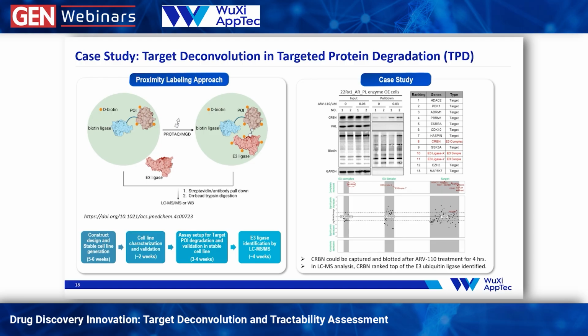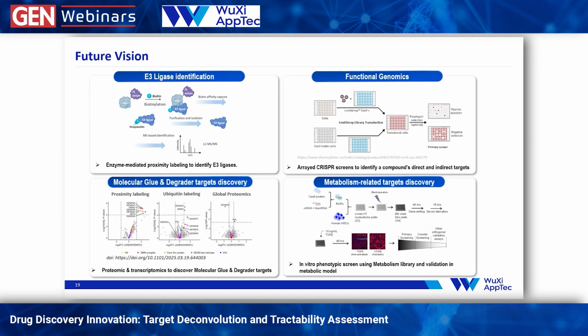But for all other unknown compounds, using this strategy, you can identify a list of potential E3 ligase candidates, and you have to do further experiments to validate whether these candidate genes actually work in the targeted protein degradation pathways.